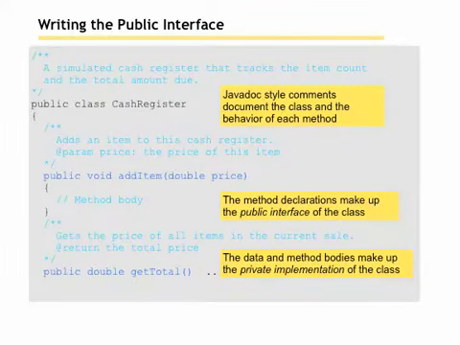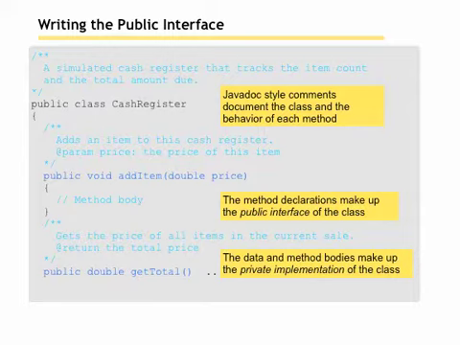When we write the public interface, we might want to add some Javadoc comments. Notice that Javadoc comments start with a /** and they help comment on the methods and the classes. So if we look at addItem, we have /** Adds an item to this cash register. So that's a description of what the method does. And then we have @param price.